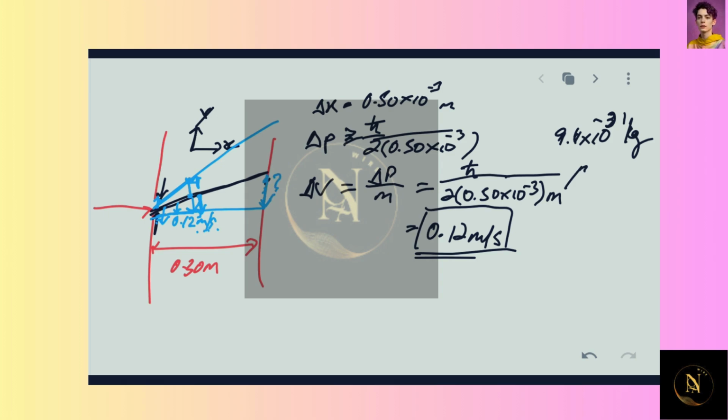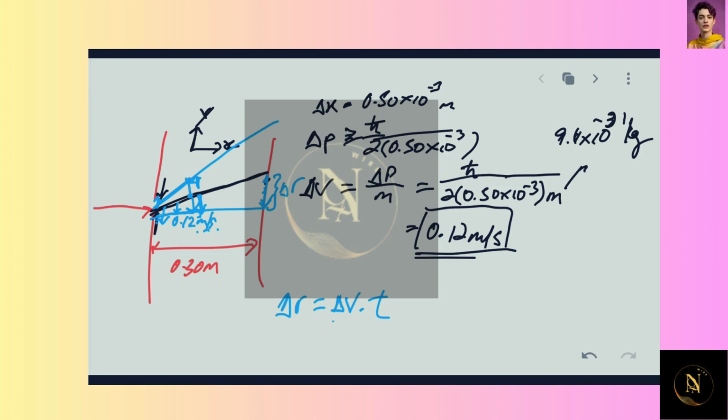This is the uncertainty in the position when you are at the screen. So delta r is equal to delta v times the total time taken to actually move this distance.